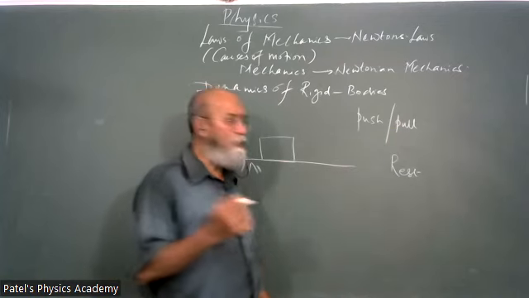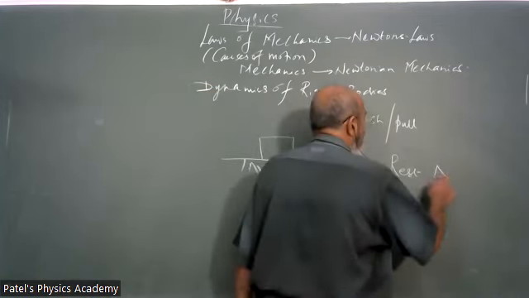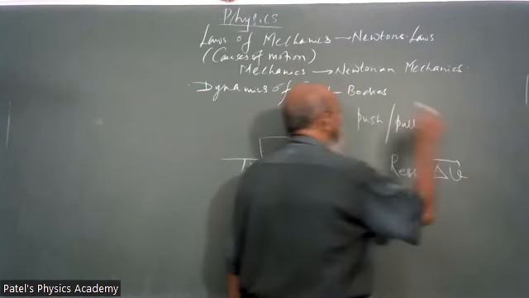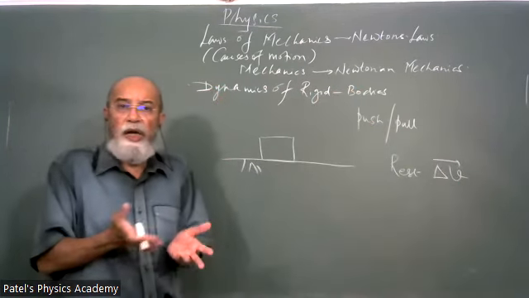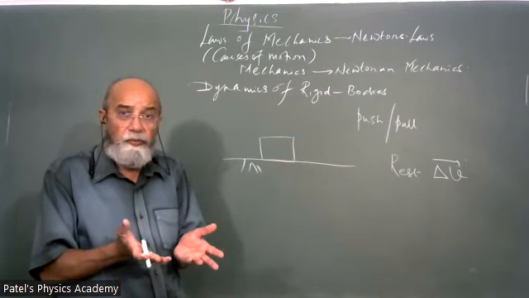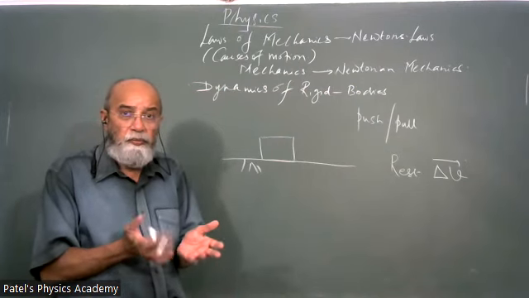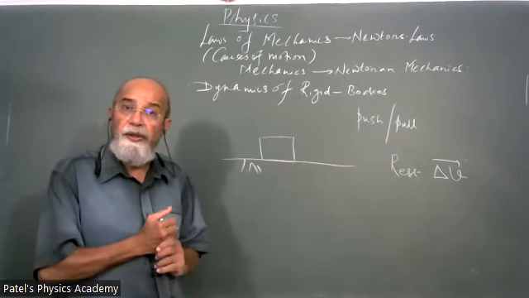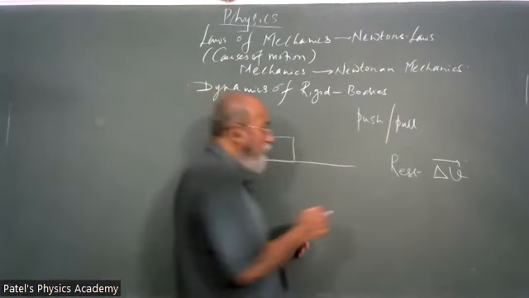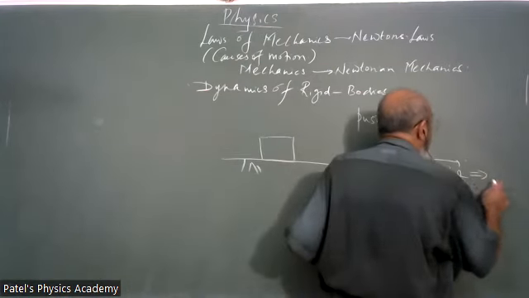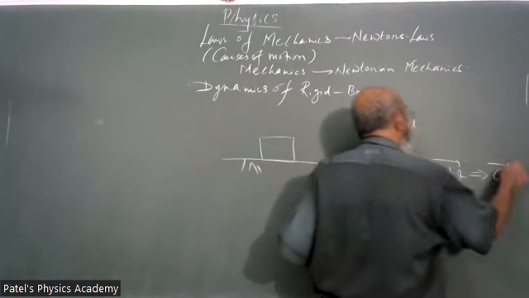What do you mean it started moving? There has been a change in its velocity. Initial velocity was 0. A change in velocity has taken place, which implies that there is an acceleration.